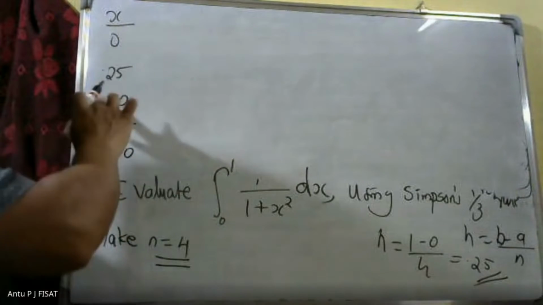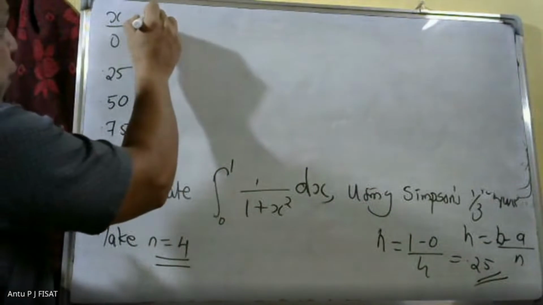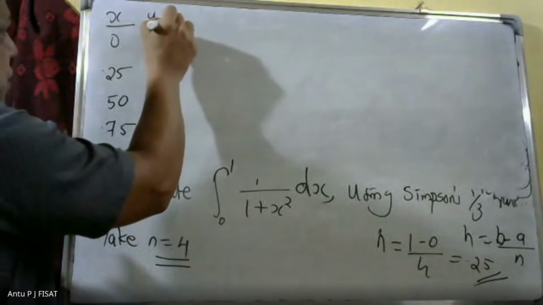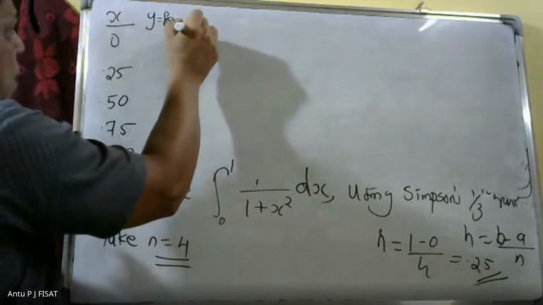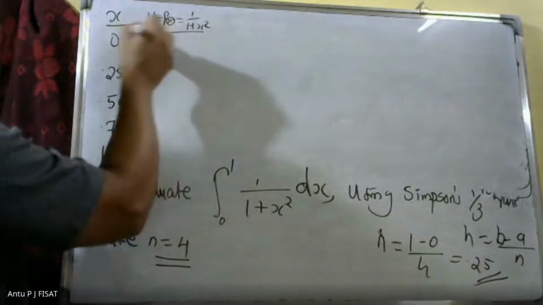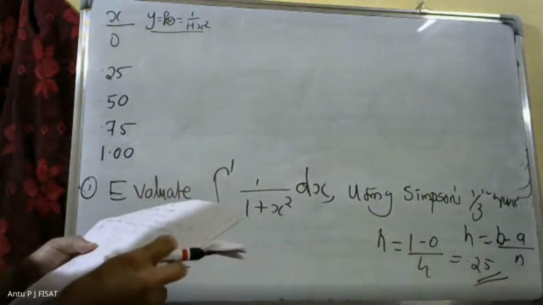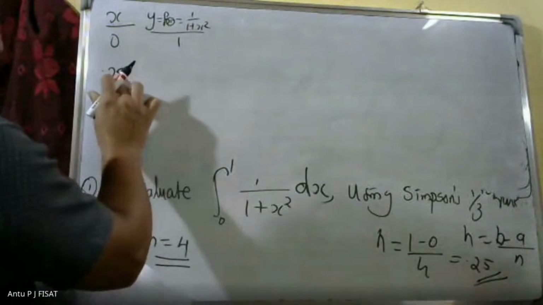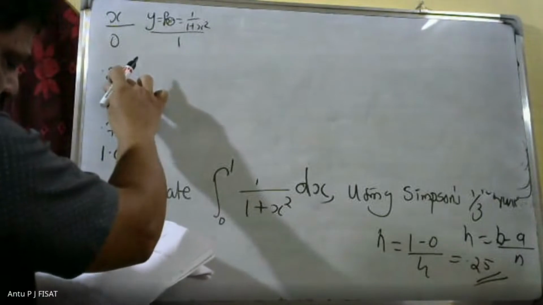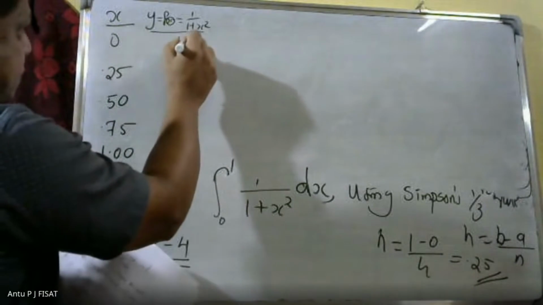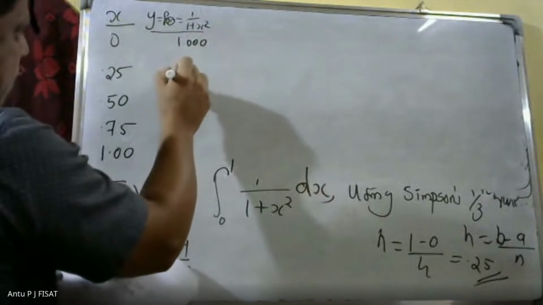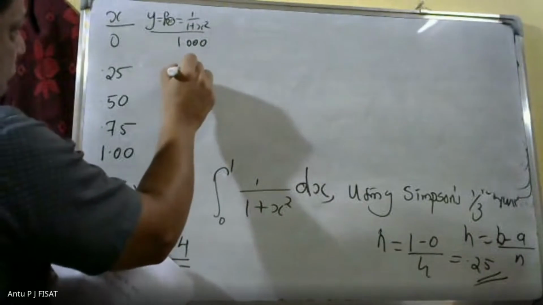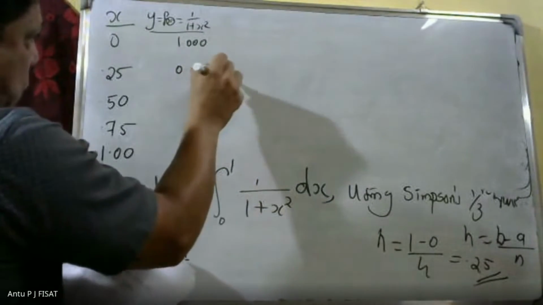Then we can calculate the corresponding function value. y is equal to f of x, that is equal to 1 by 1 plus x square. We put x is equal to 0. Then we get the first value as 1. Then when we put x is equal to 0.25, we get 0.9412.